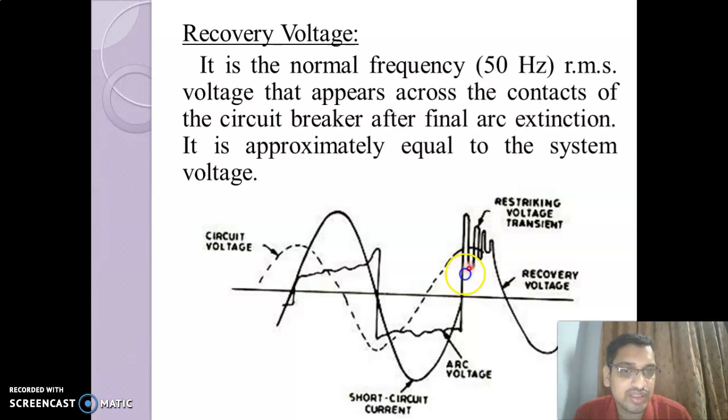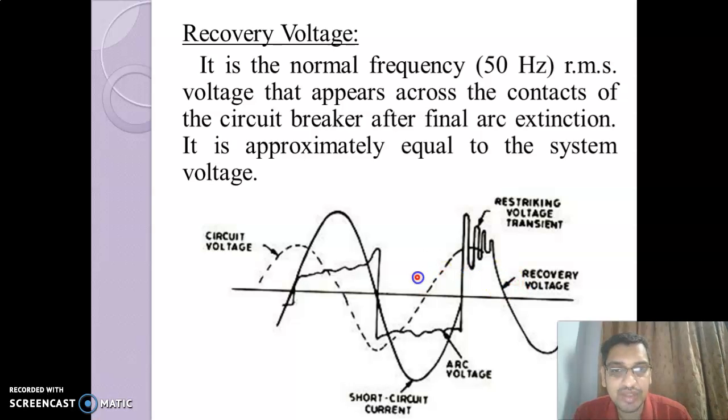After the arc voltage and restriking voltage, the voltage again becomes the normal voltage, because this is the system voltage. If you extend this dotted line, both the recovery voltage and system voltage overlap, or become the same line. So recovery voltage and circuit voltage are the same.